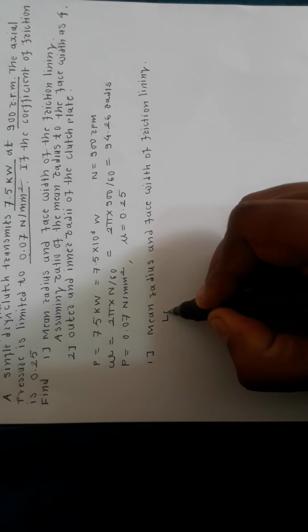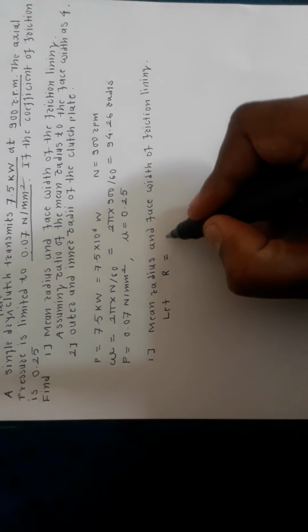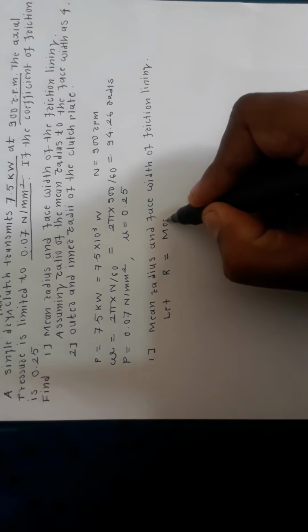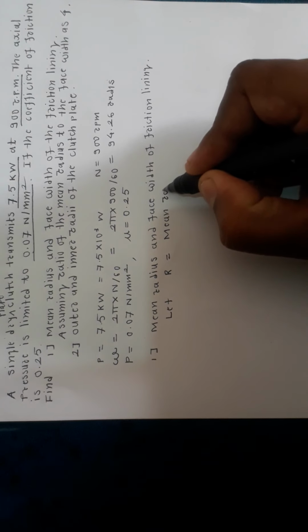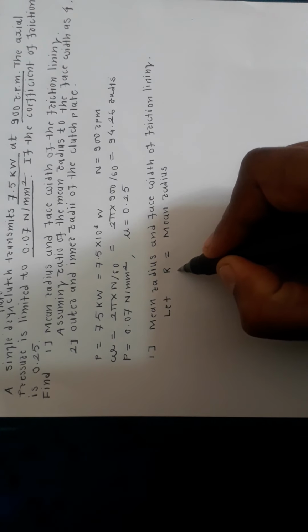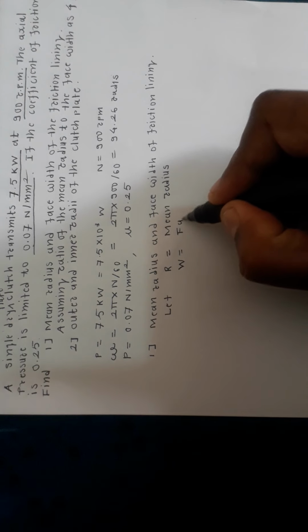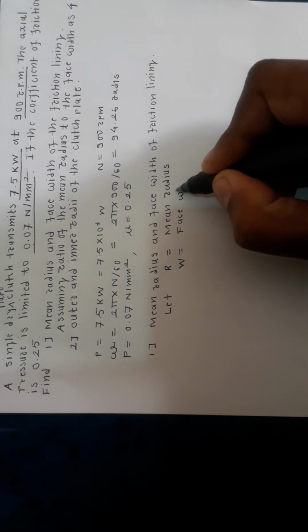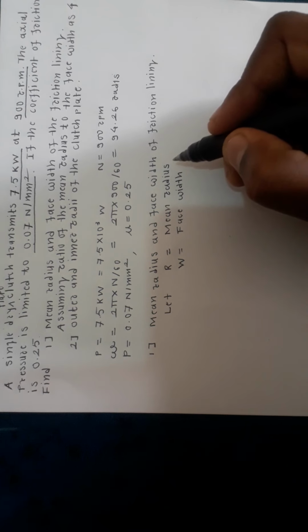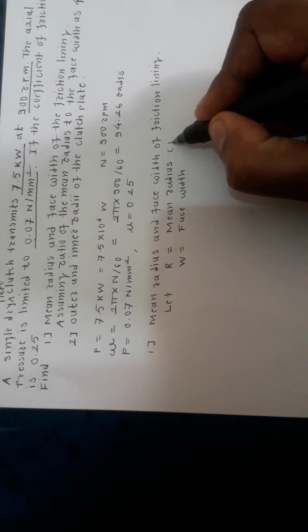So let capital R be the mean radius, and W be the face width. Both the entities are in millimeters, we have to consider.